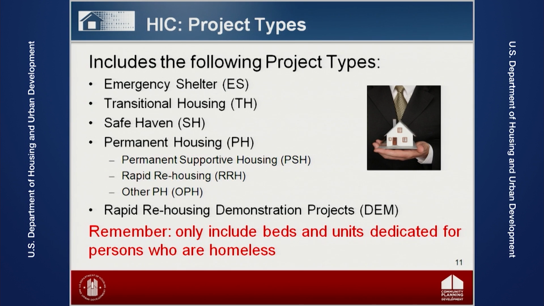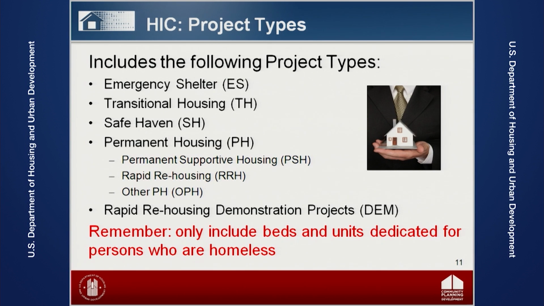The HIC also includes transitional housing projects, including the beds and units in those projects, safe haven projects, which are specific types of projects that satisfy HUD standards and the HUD definition of a safe haven, as identified and defined in the 2009 CoC program NOFA, or the Homeless Assistance Program NOFA at that time.